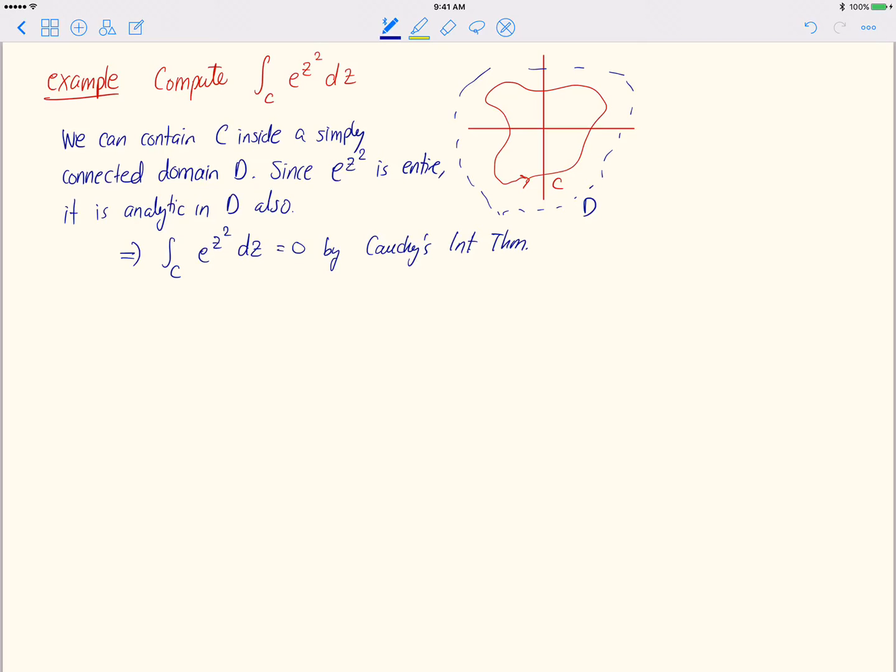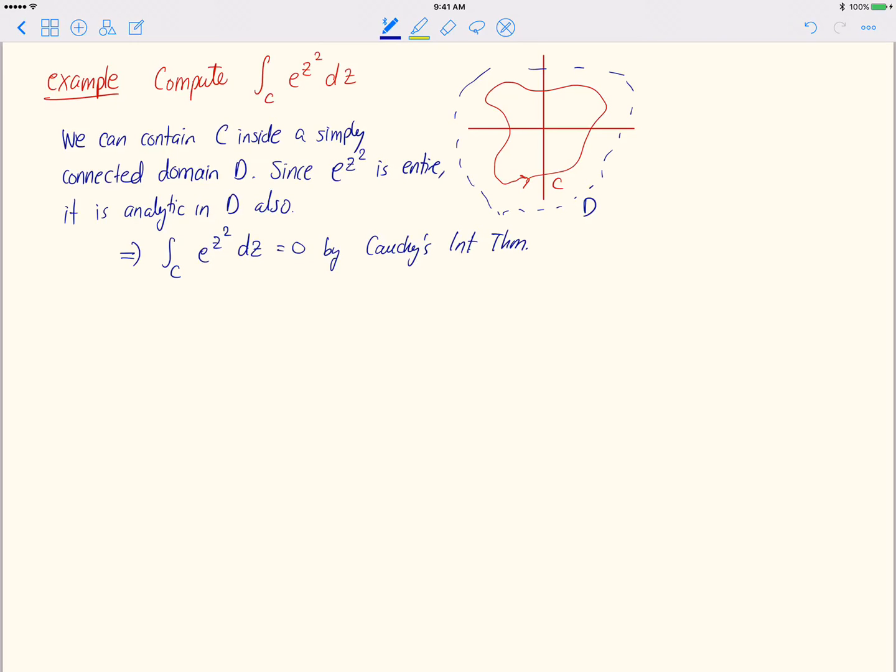It's well known that this function does have an antiderivative. It just can't be expressed in terms of your everyday functions. So that's an example of a case where you can't really use the fundamental theorem because you can't find the antiderivative. So instead you will use Cauchy's integral theorem.